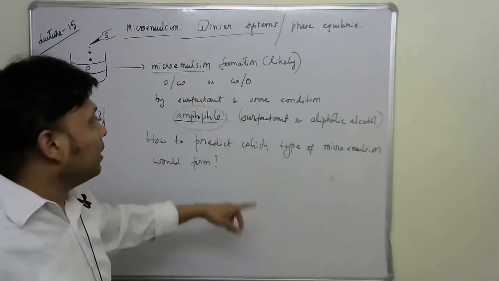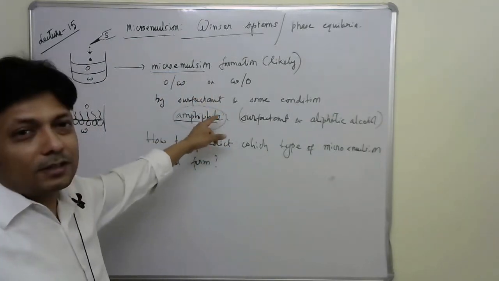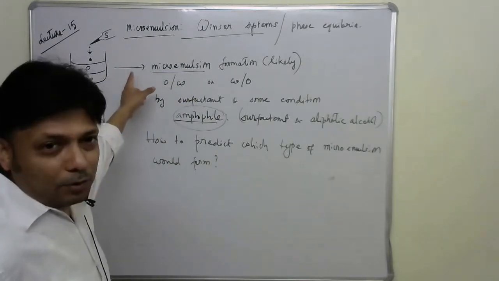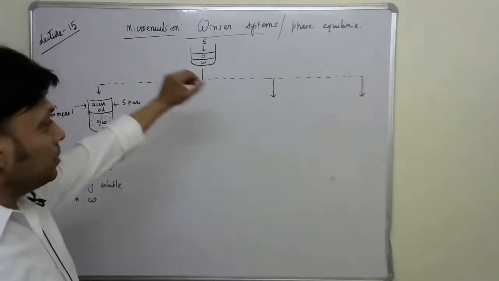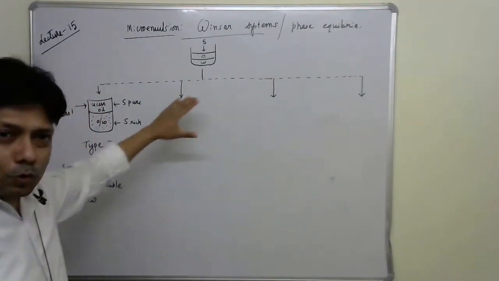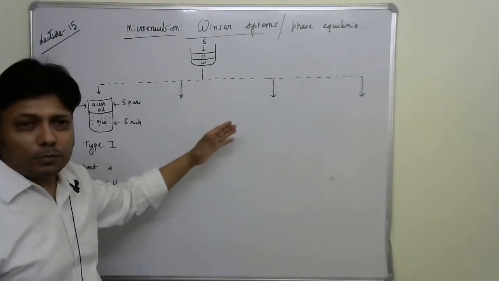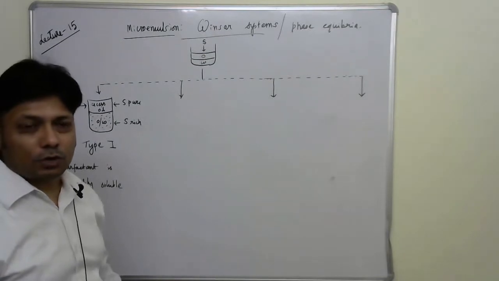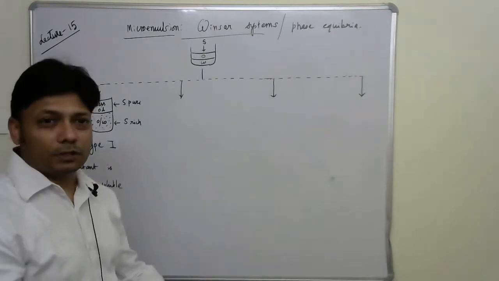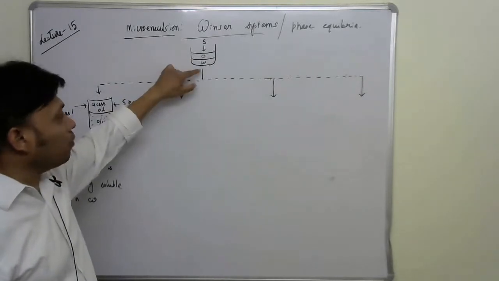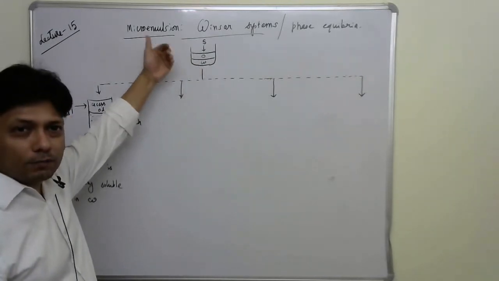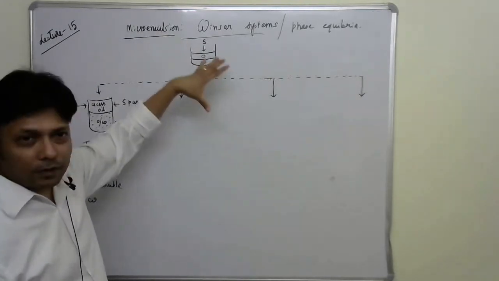All right. So let me erase it and start from here. Okay. Here, with a flow chart, I'm trying to describe the formation of Windsor systems or different phase equilibria as predicted by Windsor. We start with a mixture of oil and water, water at the bottom, oil floating above, and we are adding surfactant.